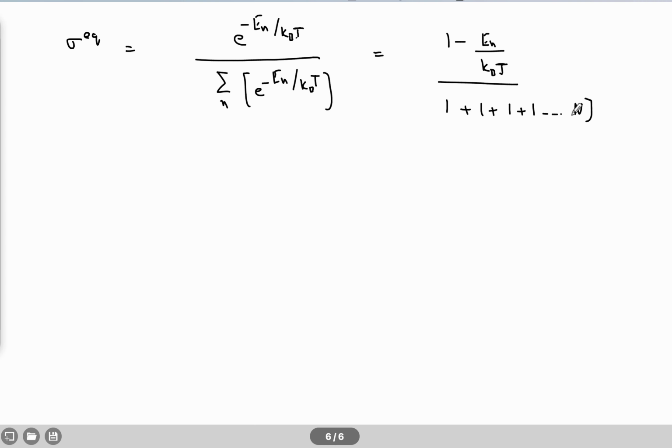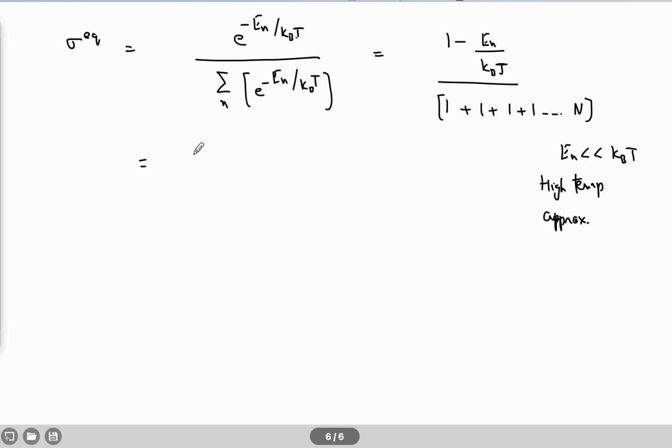This assumes that my En is very, very small compared to kBT. As I said, we have done this earlier, the high temperature approximation.